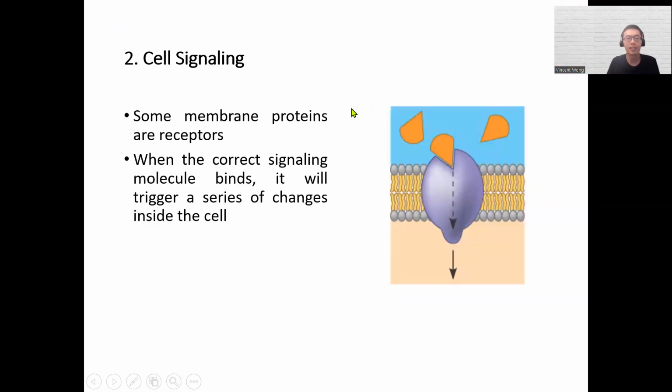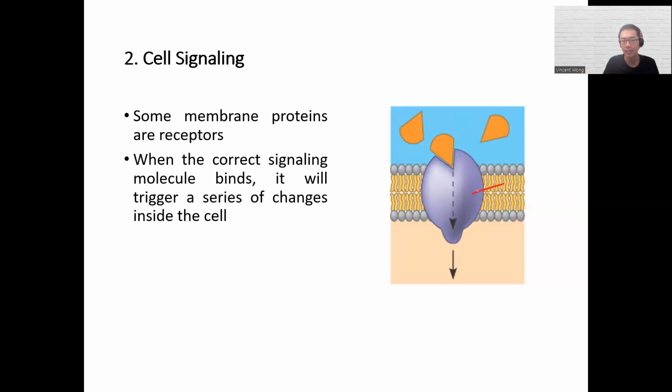Next, we have cell signaling. Okay, some membrane proteins are receptors, and they are responsible for transmitting signals to the inside of the cell. Right? A receptor has a key and lock relationship with its target.